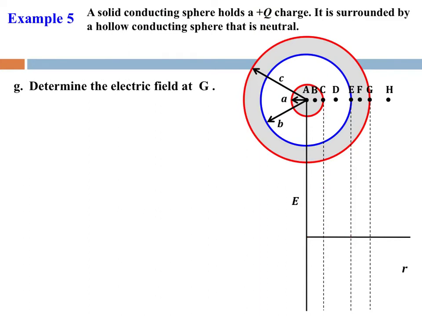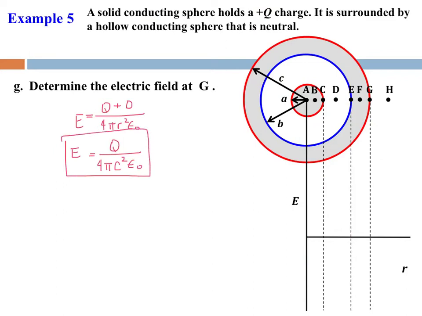Again, now when we get all the way to the outside, our charge enclosed is the Q of our innermost sphere and the 0 net charge on our outer sphere, which gives me a charge of Q. But now my r is c, and my electric field is proved by this.